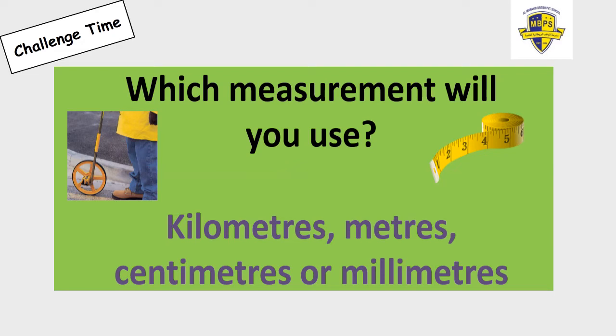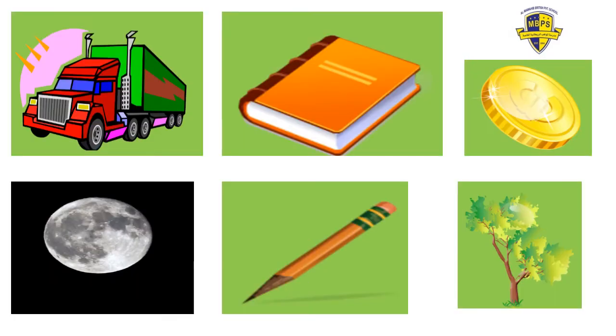This is the challenge time. Which measurement will we use for these objects? The first object, we have this van. What do you think? How do we measure the length of this van? Using millimeter, centimeter, meter, or kilometer? What do you think? Excellent. It's meter.